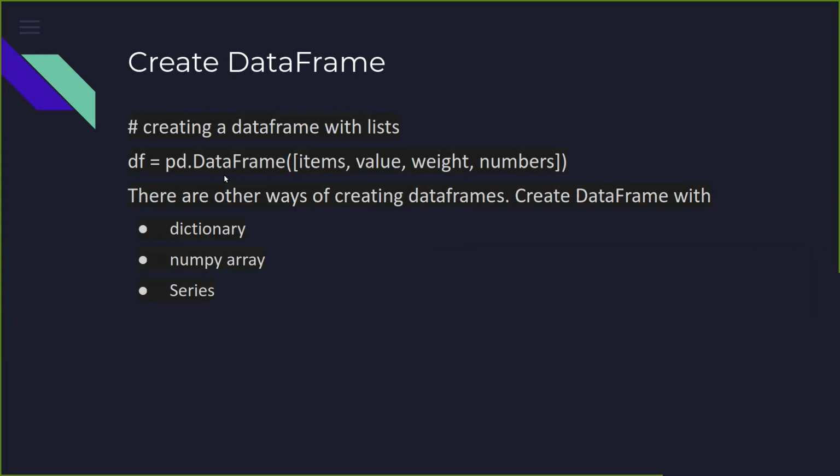So we learned about the concept of a data frame in pandas, and a pandas data frame is like an Excel table. It's a two-dimensional structure of data, and we saw how we can create a data frame by passing a series of lists to it, and then each list is a vector.